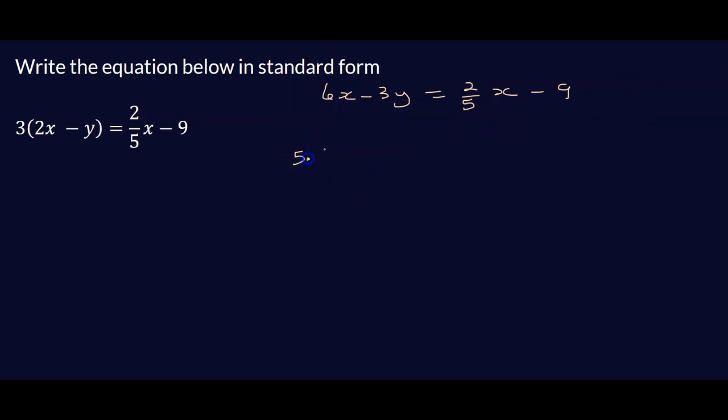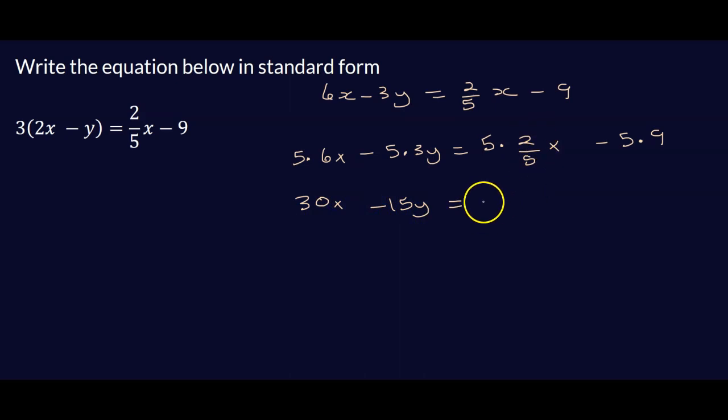So 5 multiplied by 6x minus 5 multiplied by 3y equal to 5 multiplied by 2 over 5 x minus 5 multiplied by 9. So this is going to be 30x minus 15y equal to 2x, since 5 multiplied by 2 is 10, divided by 5 is 2, minus 45.